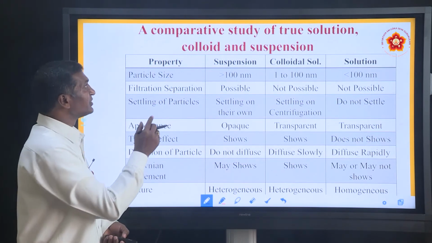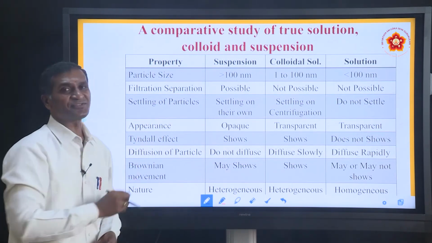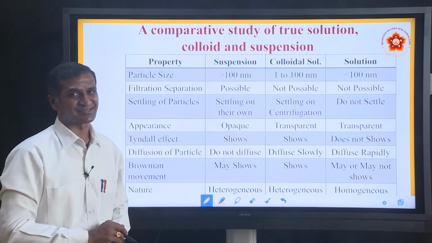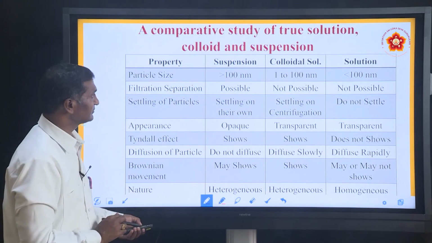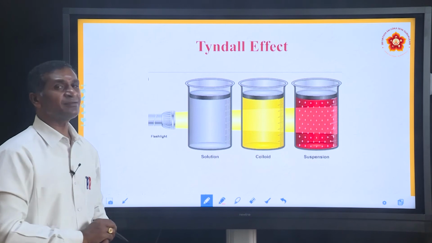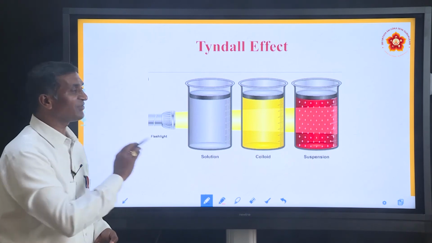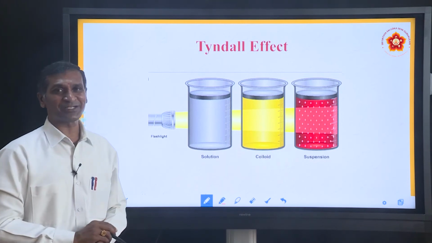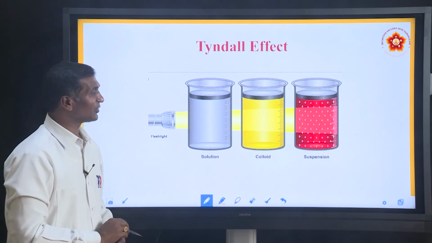That was a comparative study of true solution, colloid and suspension. Tyndall effect. If you observe the picture, dear students, it is a unique property shown by colloids.